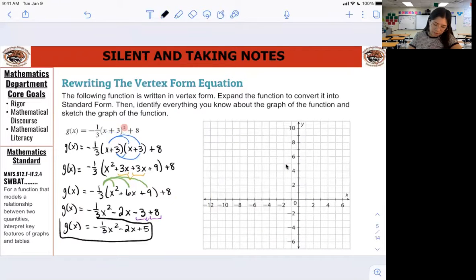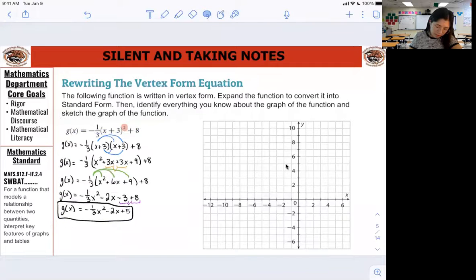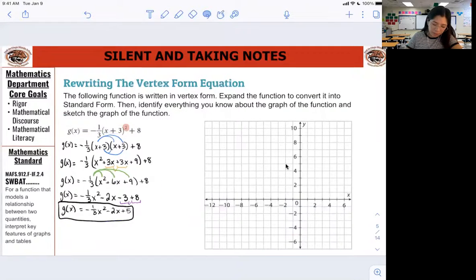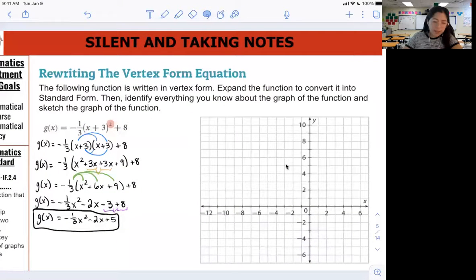Okay. Now let's talk about it. What do we know? The y-intercept is 5. The leading coefficient is negative 1/3. I'm running out of room, so I'm going to make this a little bit smaller and zoom in a little bit.